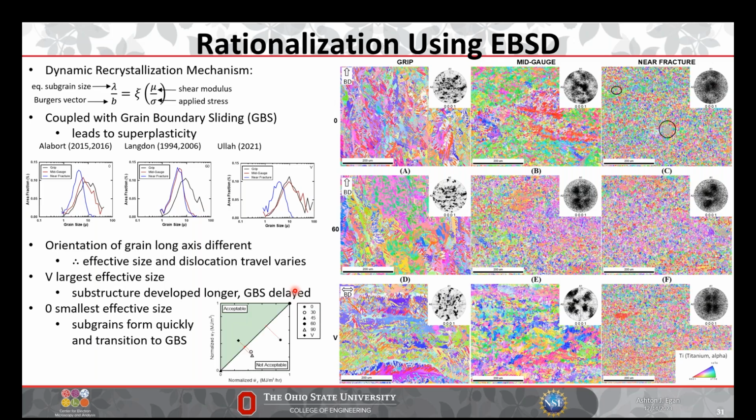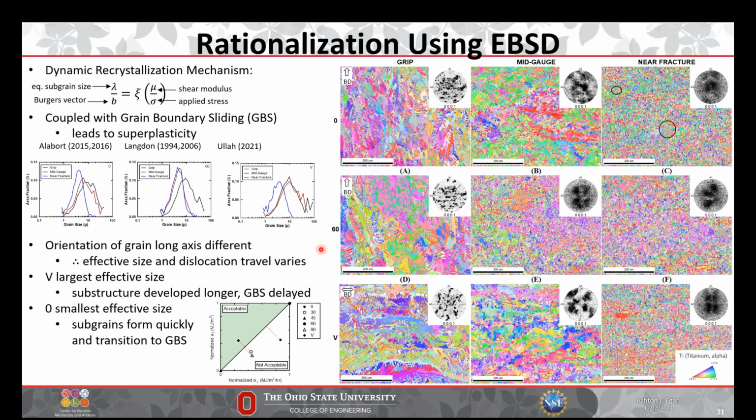And so after staring at these for a long time, basically what we determined was that the orientation of the long axis of these grains are different, right? And you can kind of tell that in the grip section where vertical, like I said, is elongated along the stress direction, and 60 and 0 degrees are not, right?